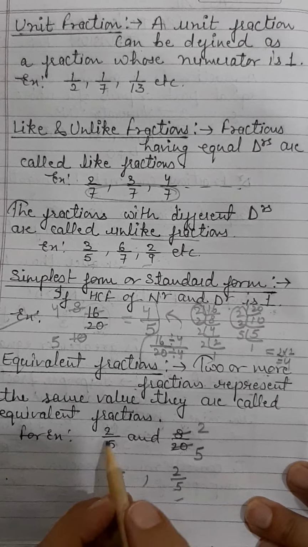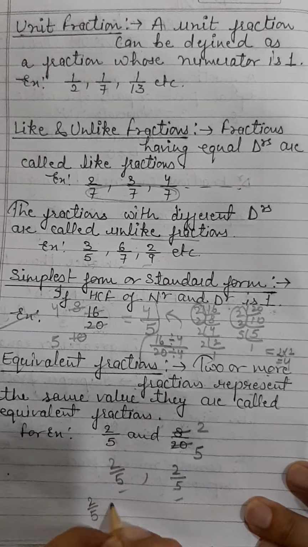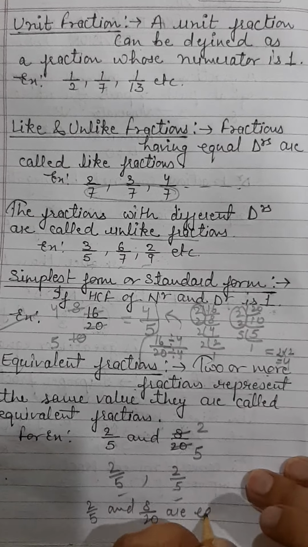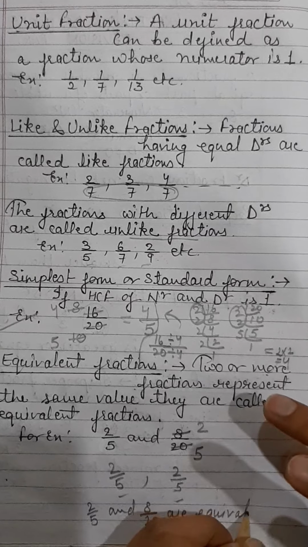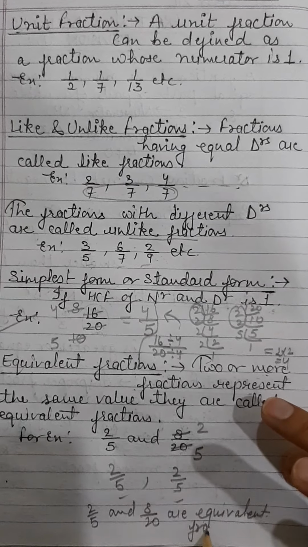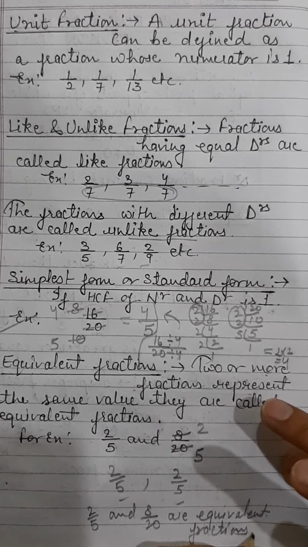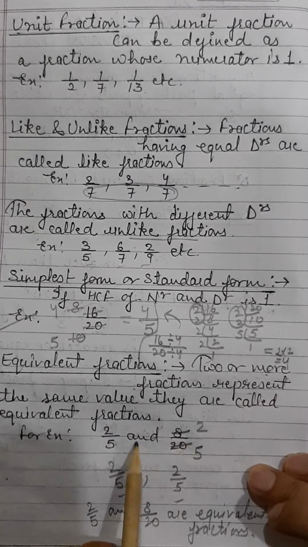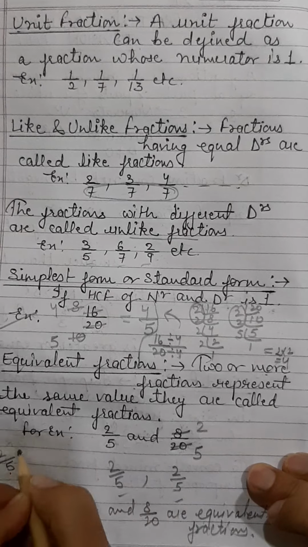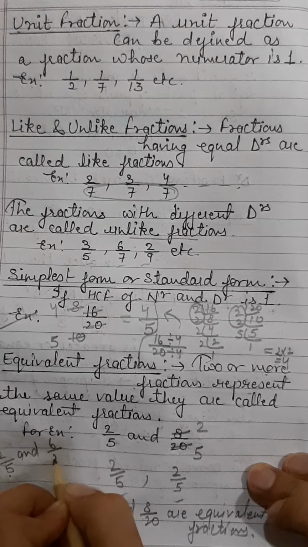Now you can say 2 by 5 and 8 by 20 are equivalent fractions. Is it clear? If it is not the same, like if I say 2 by 5 and 6 by 20.